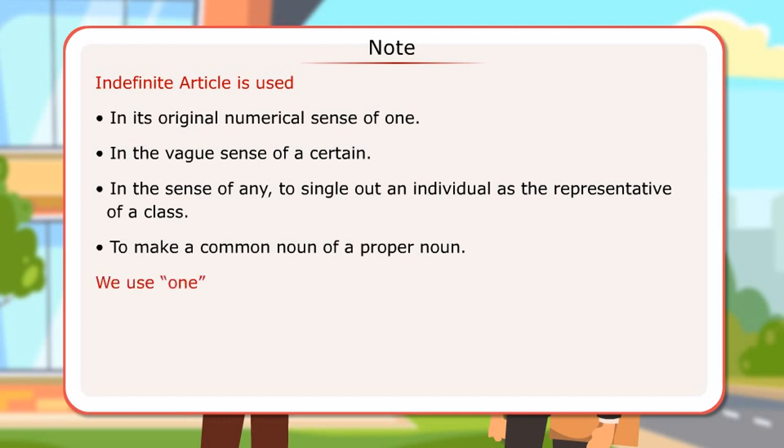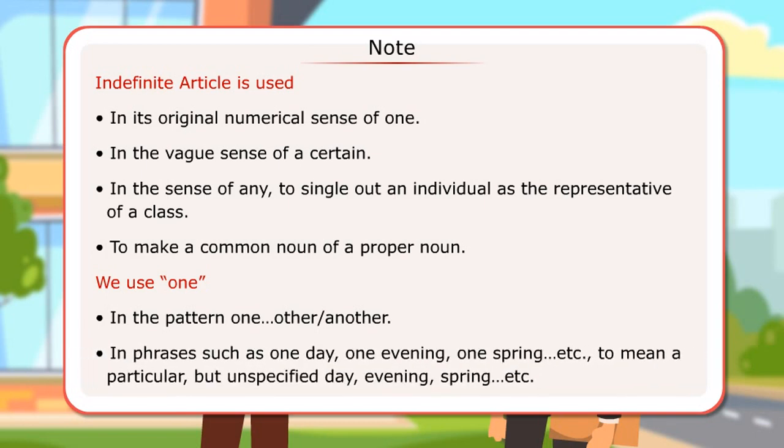We use one in the pattern one, other, or another, and in phrases such as one day, one evening, one spring, etc., to mean a particular but unspecified day, evening, spring, etc. Let us look at a few sentences.